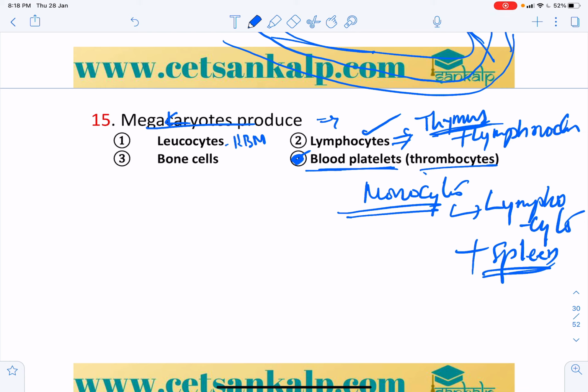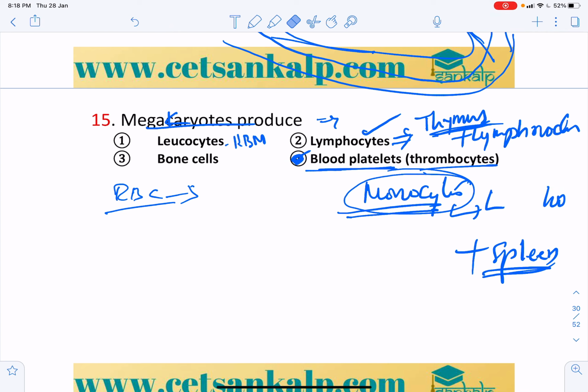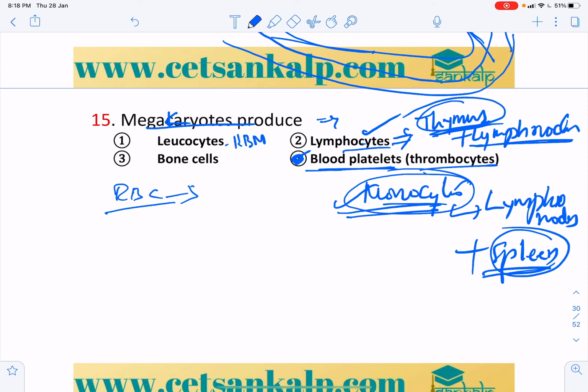Whereas RBC, we know, is produced in the red bone marrow, and so are the WBCs, all except the monocytes and lymphocytes. Both monocytes and lymphocytes are produced in the lymph nodes, whereas lymphocytes are also produced in the thymus and monocytes in the spleen.